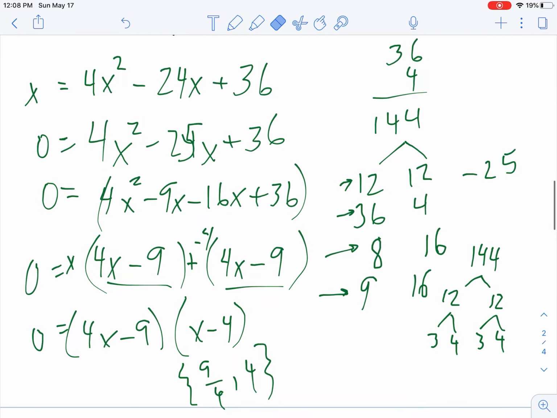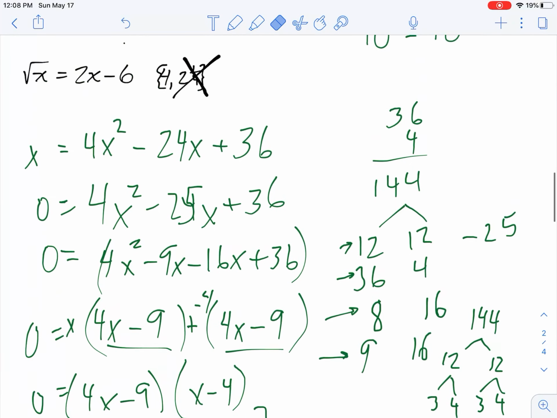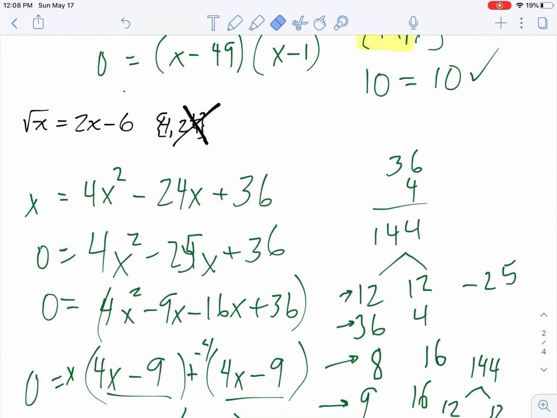Okay, got it. So let's check though. So 9/4 and 4. So let's go back, because according to my notes, my tricky notes, because we're cheating here, that 9/4 doesn't work. 2 1/4 does not work. So let's plug in 9/4. So the square root of 9/4 would give me 3/2. So is 3/2 the same thing as 2 times 9/4 minus 6?